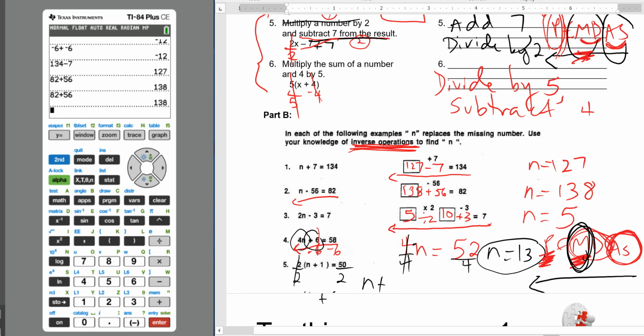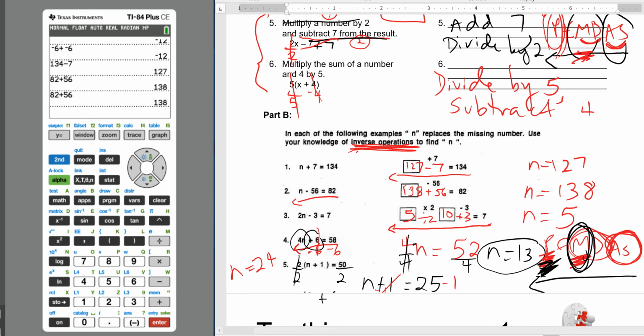And 50 divided by 2 is 25. Okay, we still have plus 1, which was now in the parentheses, so we're breaking out of parentheses here. And the inverse of plus 1 is, of course, minus 1. We get that n is 24. And if we plug it in, we can in fact see that that's true.